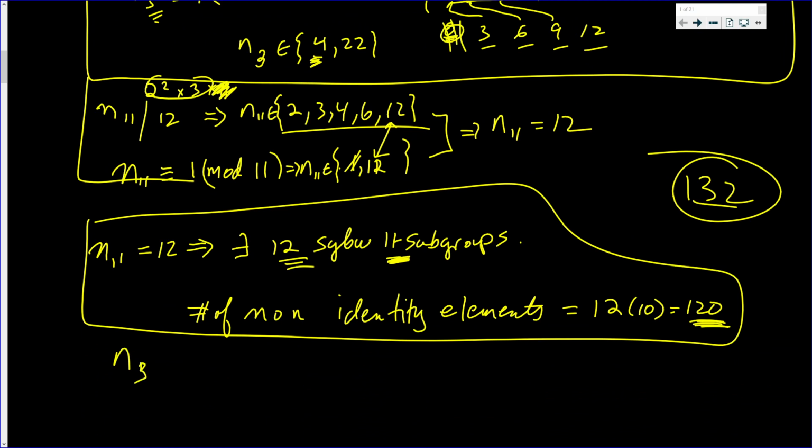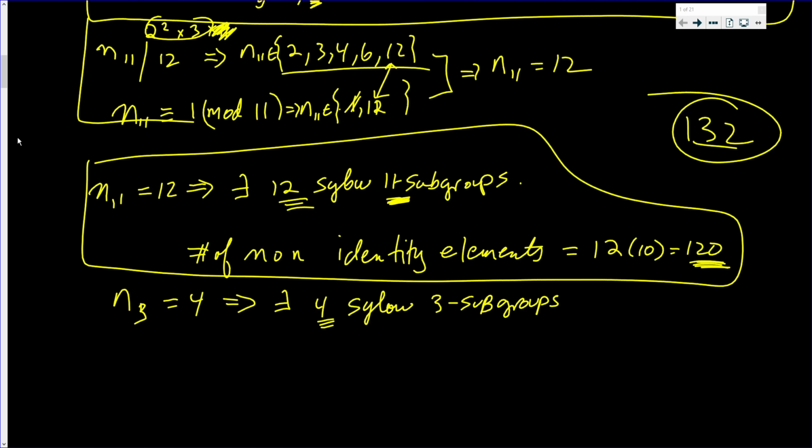n_3 equaling 4. That implies that there exist 4 Sylow 3 subgroups, all of which have 2 non-identity elements, which are different in each of the 4 Sylow 3 subgroups.